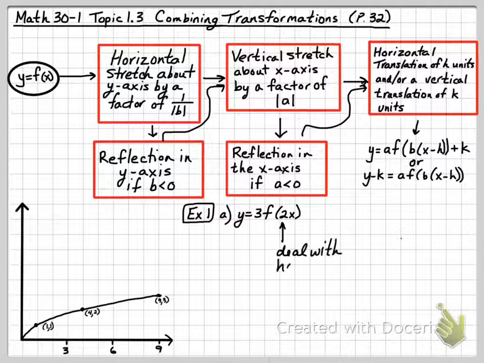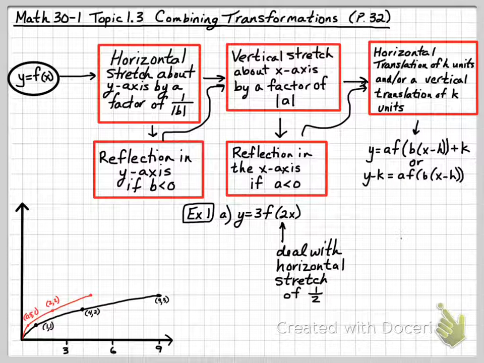Our first step can be dealing with the horizontal stretch of 1 over 2, because if b is 2, the horizontal stretch is going to be 1 over 2. So that means every x value is going to be half of what it was before. So (1, 1) is going to be (0.5, 1), (4, 2) is going to be (2, 2), and (9, 3) is going to be (4.5, 3).